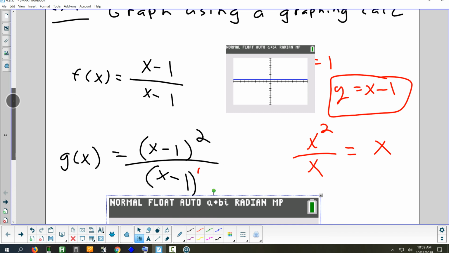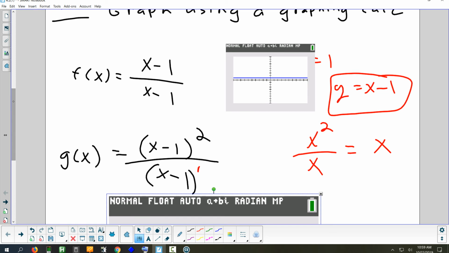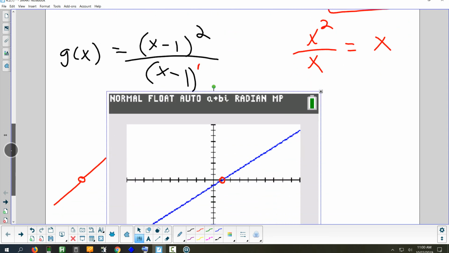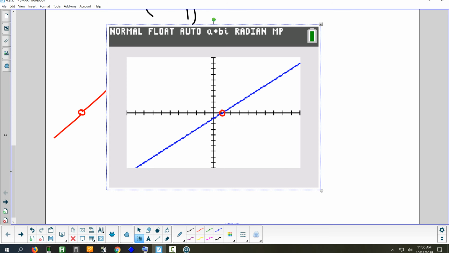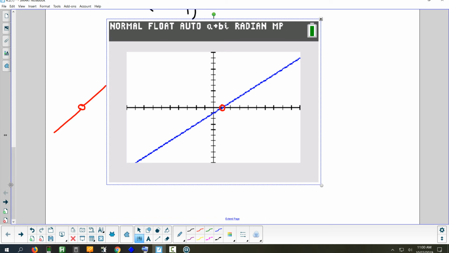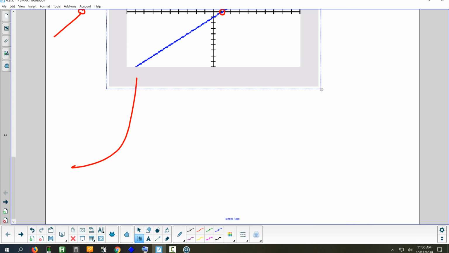But any question on the difference between when you get a hole and an asymptote? A hole is just totally different than an asymptote. A hole cannot be considered an asymptote. For something to be an asymptote, the graph has to curve up very sharply and never touch it.